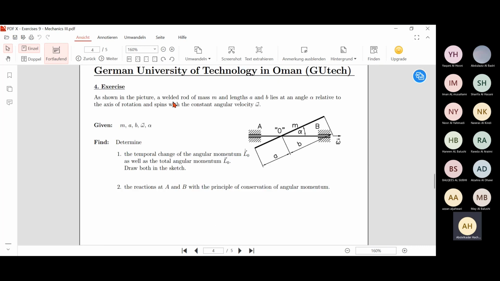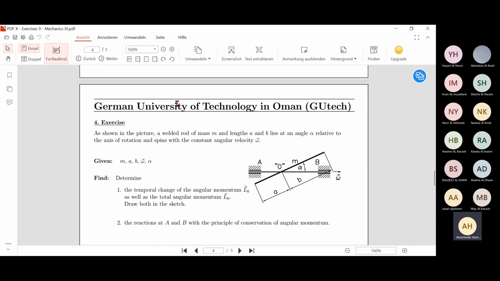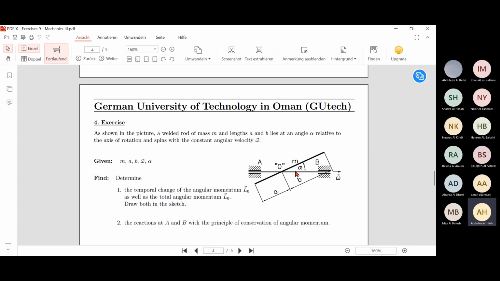Now, for this fourth exercise, as shown in the picture here, a welded rod of mass M and lengths A and B lies at an angle alpha relative to the axis of rotation and spins with a constant angular velocity omega.